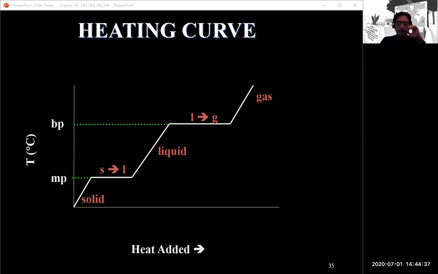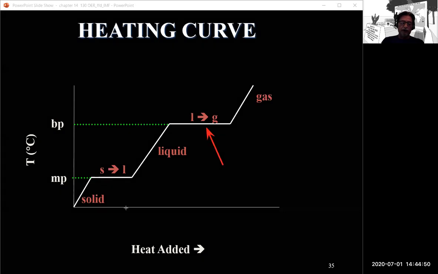So at these plateaus, again, no matter how much energy you put into it, you're not going to increase the temperature until you move everything to the next phase.